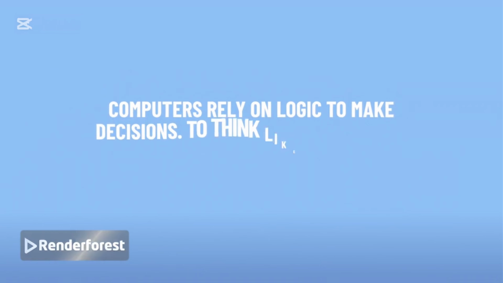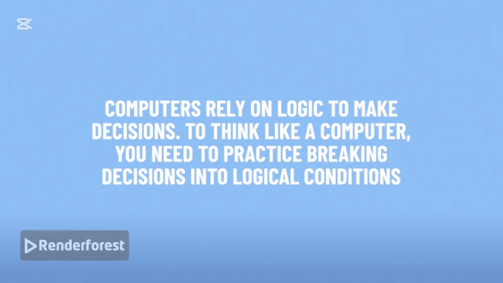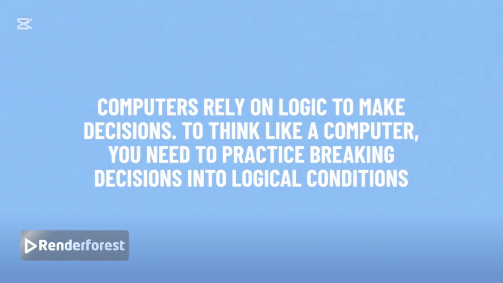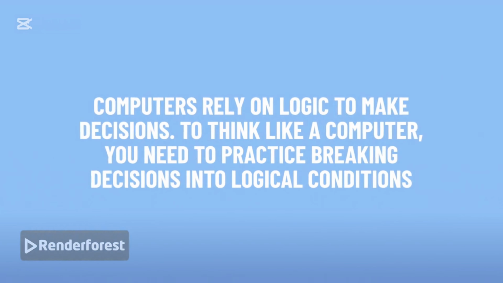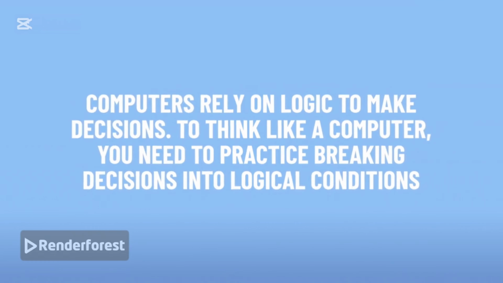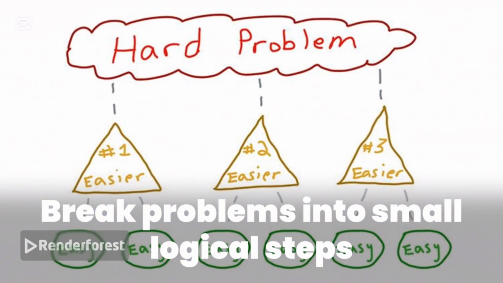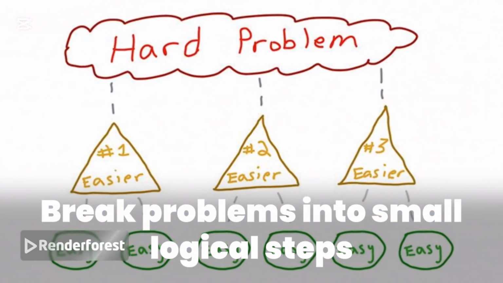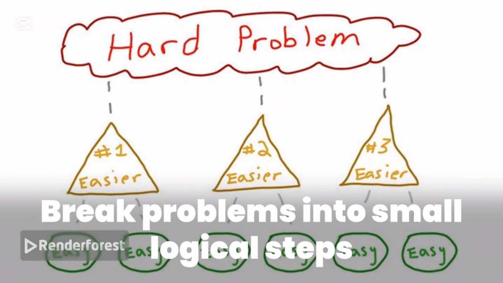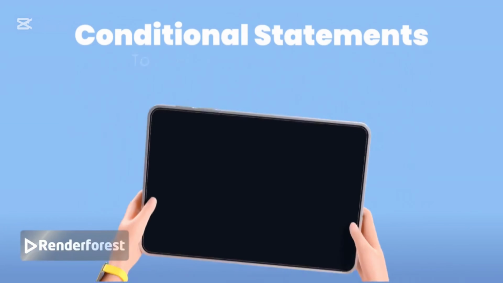The third point to keep in mind is that computers rely on logic to make decisions. To think like a computer, you need to practice breaking decisions into logical conditions. So what does this mean? To think like a computer, we need to train our brains to break problems into small logic steps.